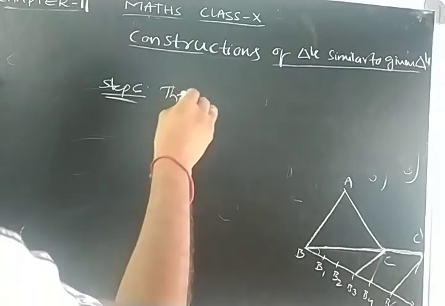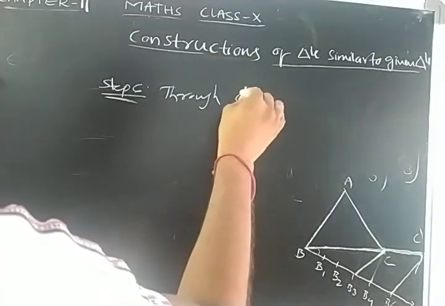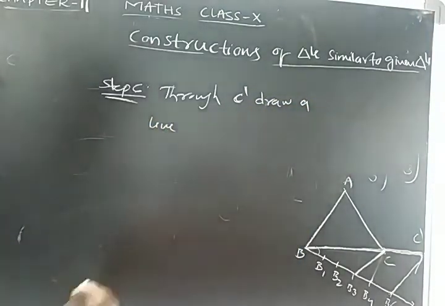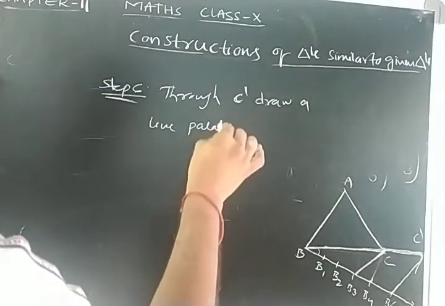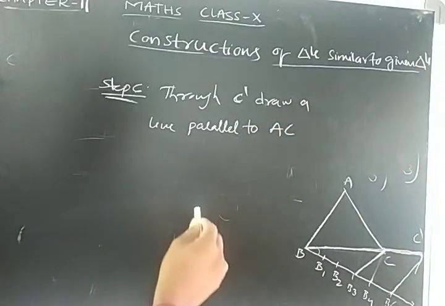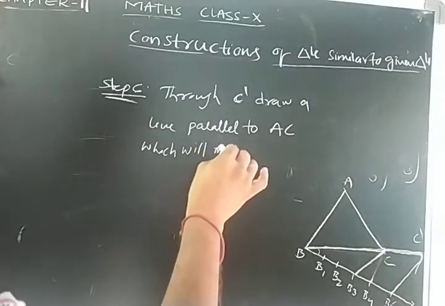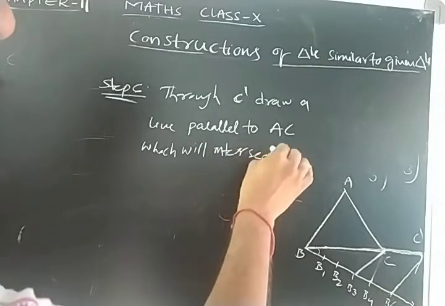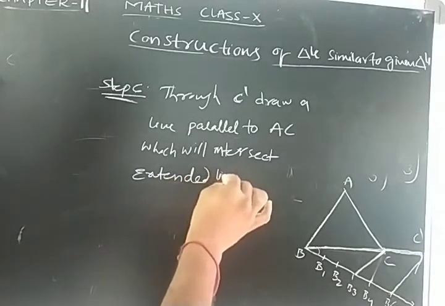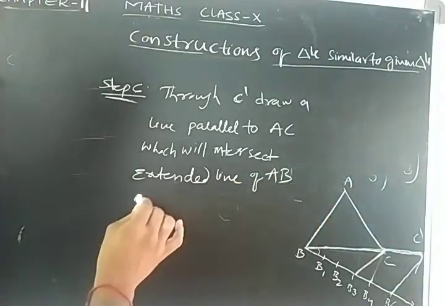Now through C dash, draw a line parallel to AC, which will intersect the extended line of AB at A dash.